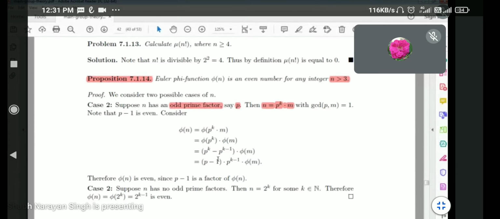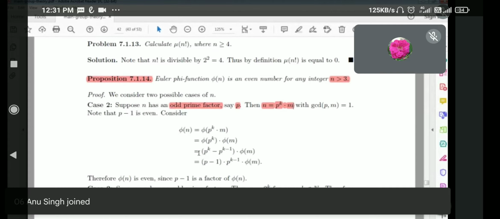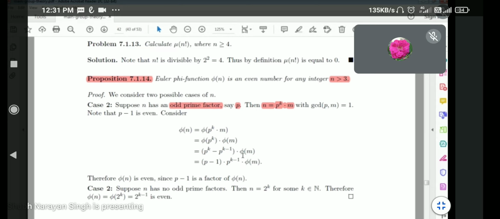And we have a formula that gives the value of phi of p power k. This is p power k minus p power k minus 1, times phi of m, because you don't know the character of m. That's why I put phi of m. Now p power k minus p power k minus 1 can be written as p minus 1 into p power k minus 1, into phi of m.